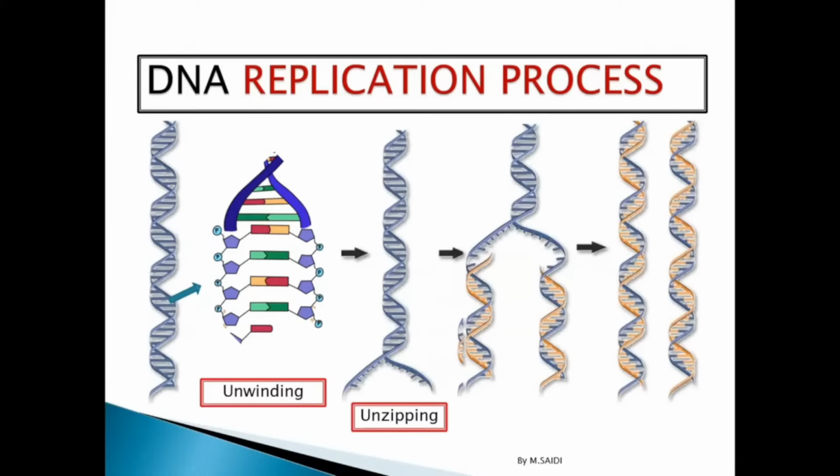What do they use to form the new strands? They use the free floating nucleotides of DNA from the nucleoplasm. So it forms two new DNA which are genetically identical, each with one original strand and one new strand. And this process is controlled by enzymes. That's basically what you are supposed to explain in the exam.